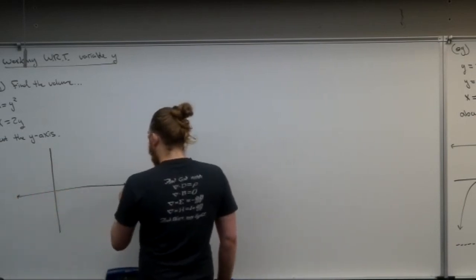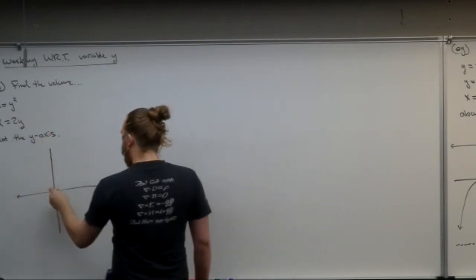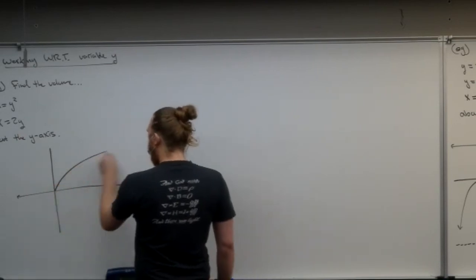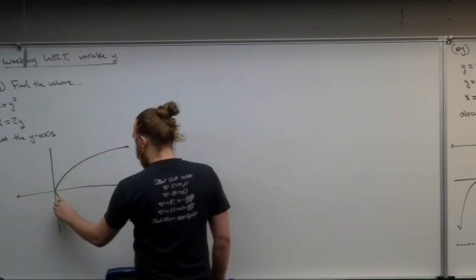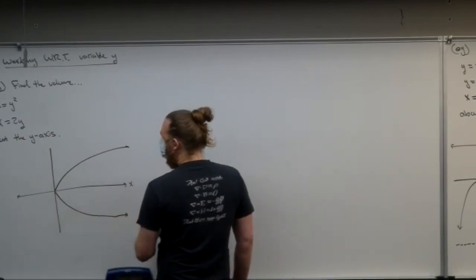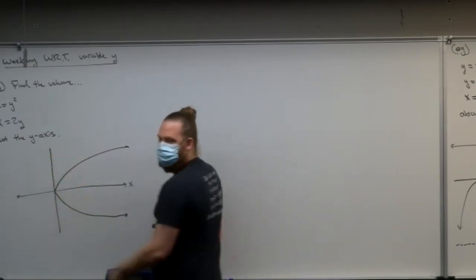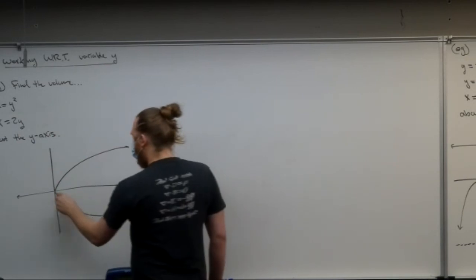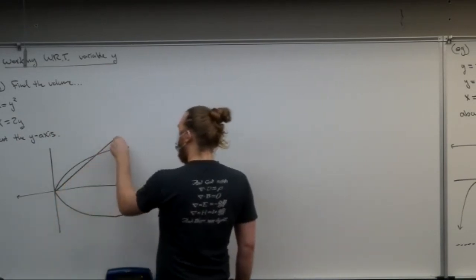Sketch the region. x equals y squared. That's a parabola turned sideways. x equals 2y, you can think of as y equals 1/2 x, right? Straight line looking something like this.